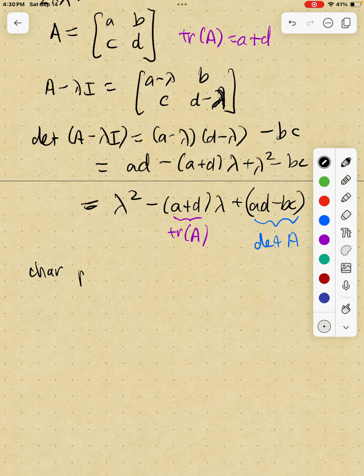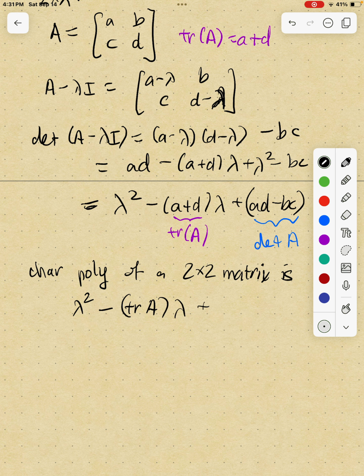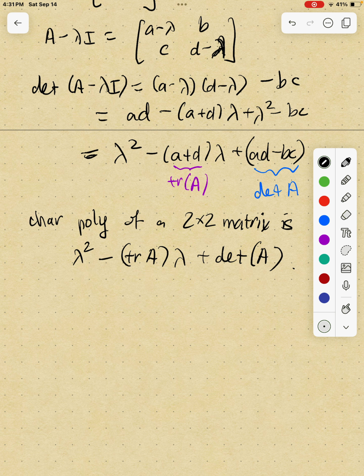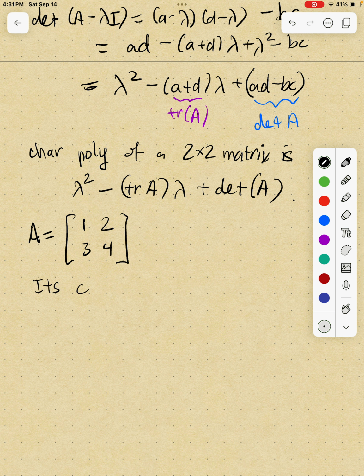The characteristic polynomial of a 2 by 2 matrix is lambda squared minus the trace of A times lambda plus the determinant of A. So for instance, let's say that A is this matrix, then its characteristic polynomial is lambda squared minus the trace, 1 plus 4 is 5, minus 5 lambda, and then plus the determinant, and the determinant is negative 2, so it's minus 2, and that's the characteristic polynomial.